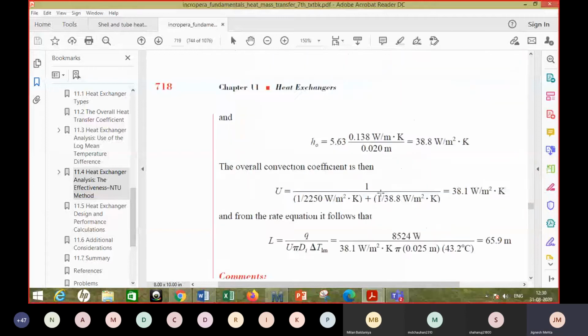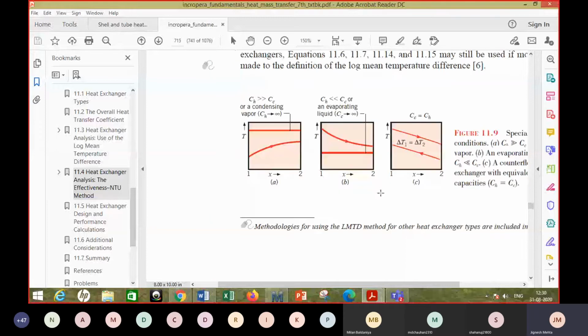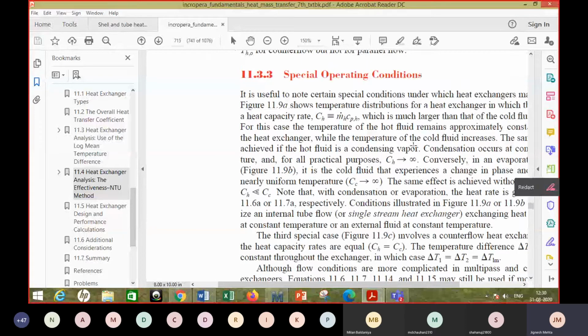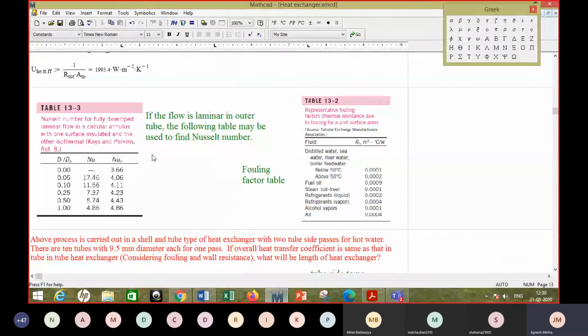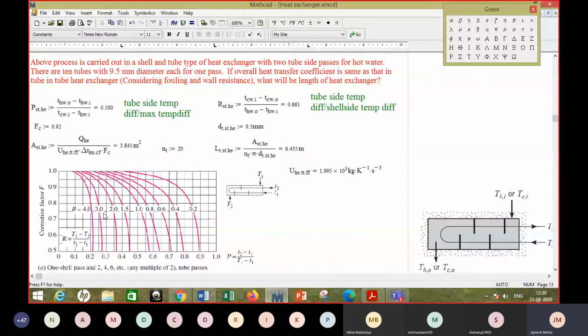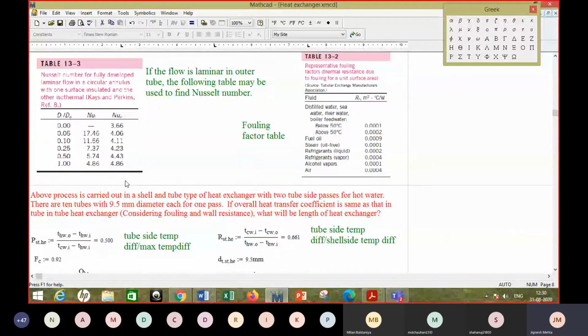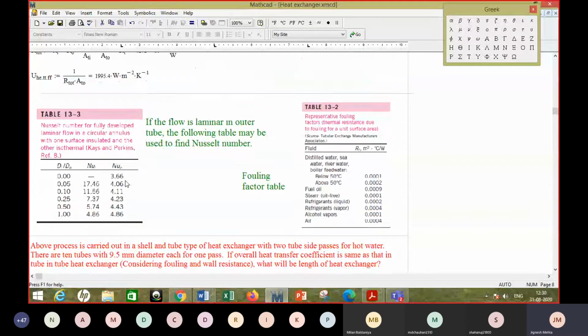It seems that these graphs are not there in Incropera, or maybe it is at some other place. I think it should be there in Yunus Cengel, if not in Incropera. So I can supply them to you separately. So this type of graphs are there, but for that you need to find out P and R, right? So get the P and R value and tell me what values you get.